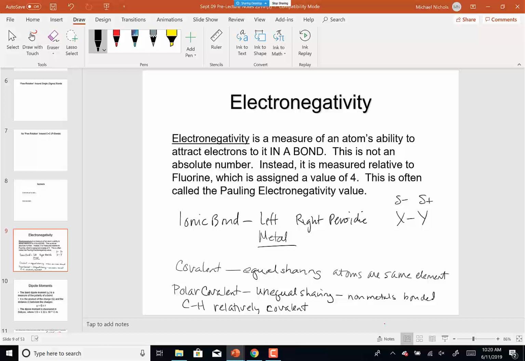Where the electrons spend most of their time around one atom, that atom is slightly negative, and slightly positive around the other one. A perfect example is an OH bond: the oxygen would be slightly negative and the hydrogen would be slightly positive. So that's where electronegativity comes into this.